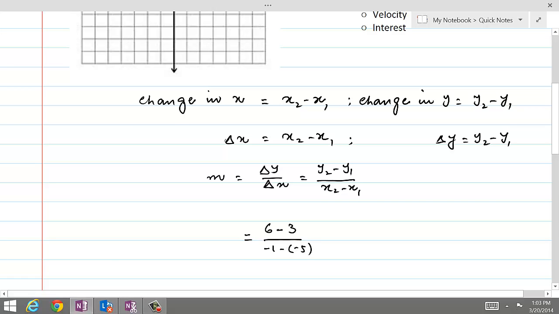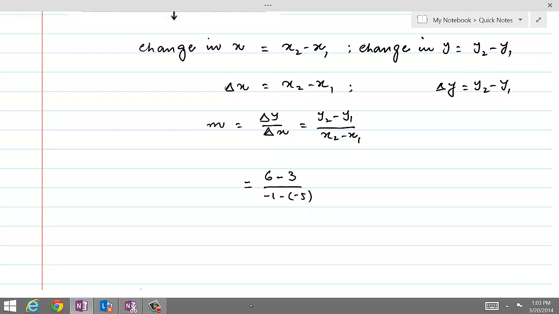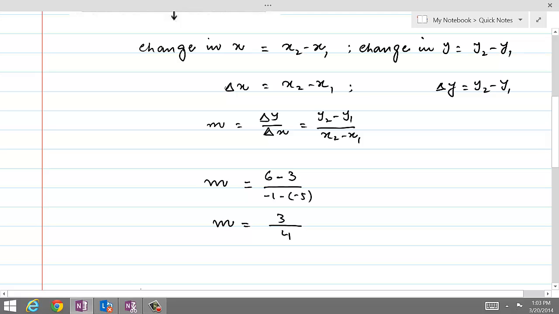Therefore, this would be 3 over 4, and this is called the slope of line AB. Let's call this m. So this is how you can find the slope of line AB.